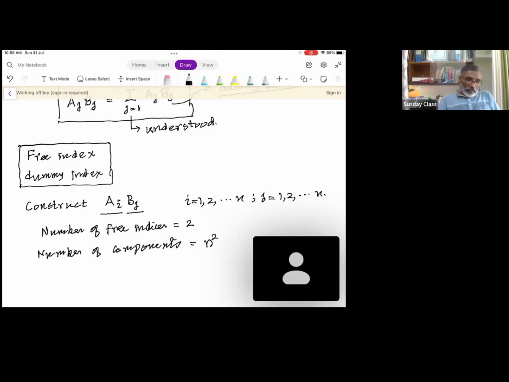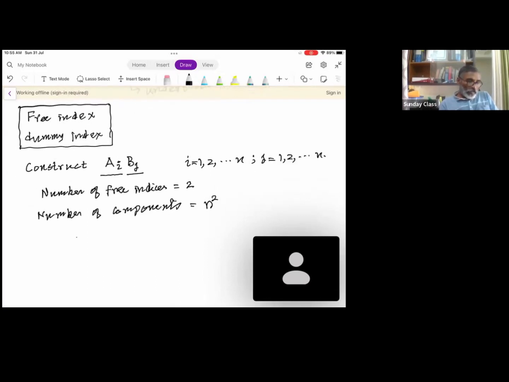So if it is a 3-dimensional space, you can write this as A1 B1, A1 B2, A1 B3, A2 B1, A2 B2, A2 B3, A3 B1, A3 B2, A3 B3.